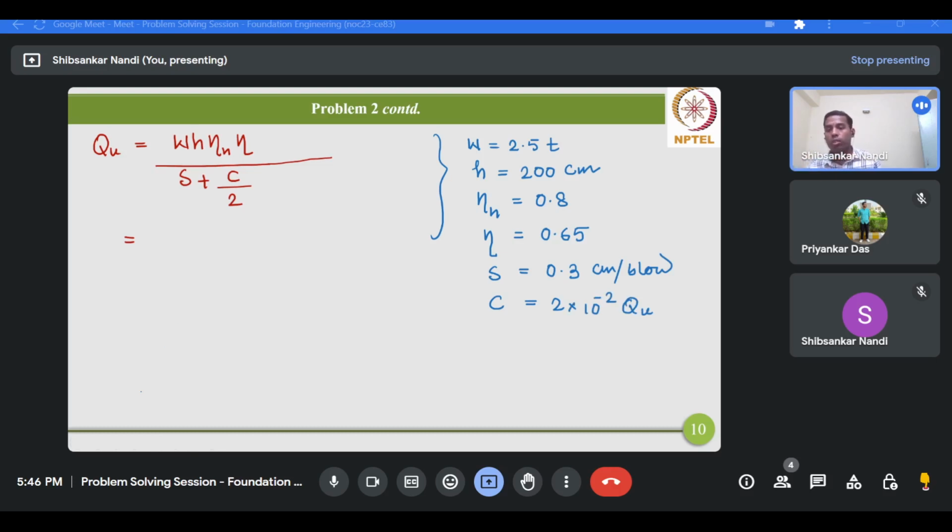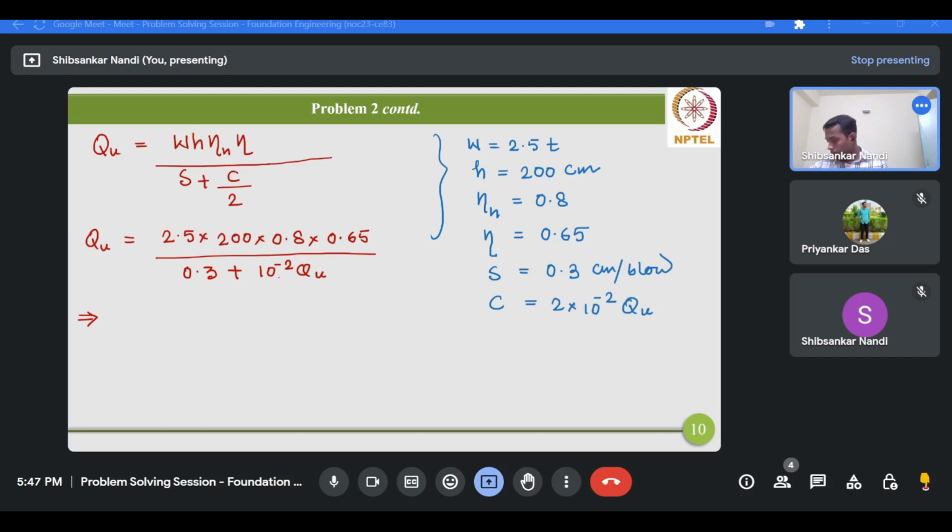Okay. Now we'll substitute these values in this equation. So QU will be 2.5 multiplied by 200 multiplied by 0.2 multiplied by 0.65 divided by 0.3 plus 10 to the power minus 2 QU. Okay, so 2 by 2, so it will be only 10 to the power minus 2 QU.